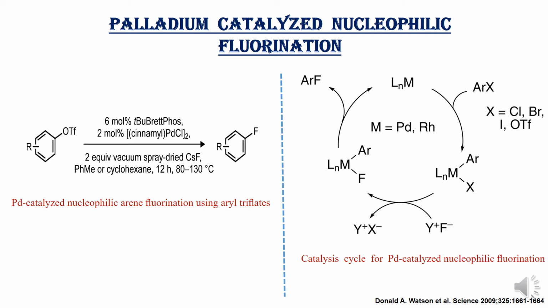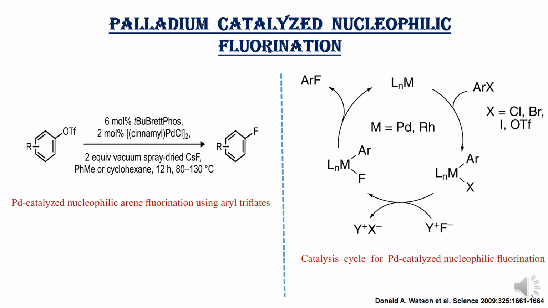But here the electron rich biaryl monophosphine ligand, that is the tertiary butyl BrettPhos, acts as a supporting ligand for the reductive elimination here. As well as the supporting ligand, it also helps us to prevent the formation of side products.